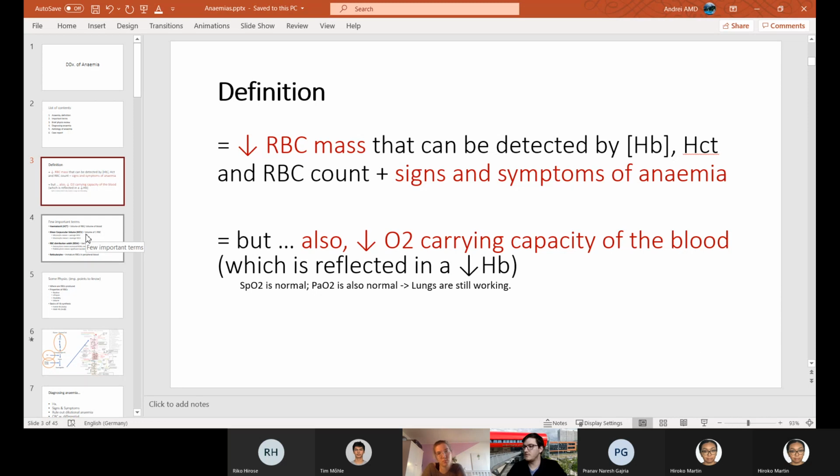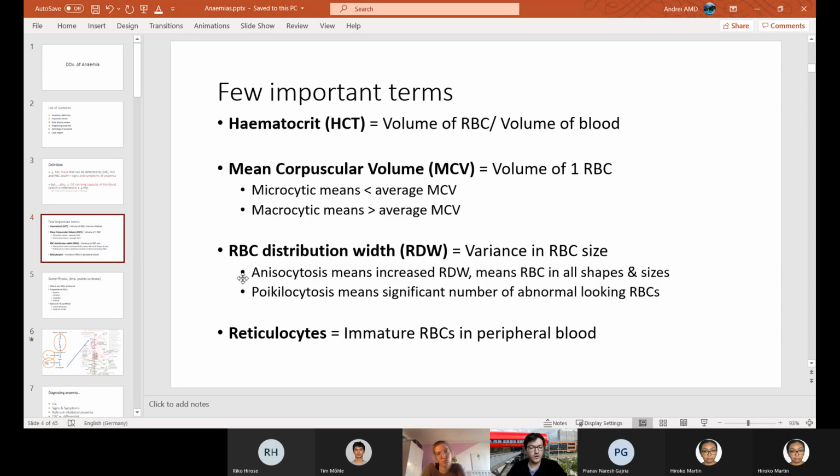Right, everything good? We've got to move on to a few important terms that I would like you guys to remember throughout the lecture. Namely, we have hematocrit. I mentioned it earlier in the definition.